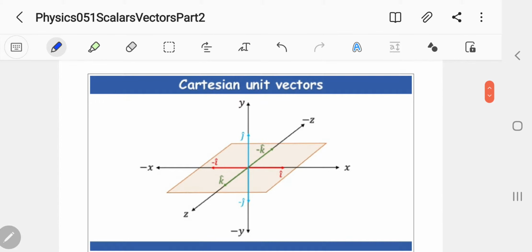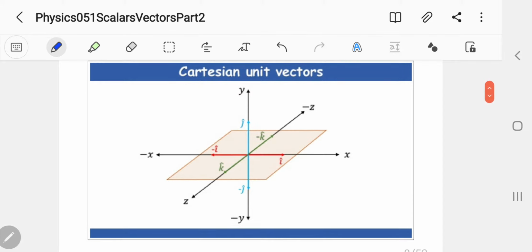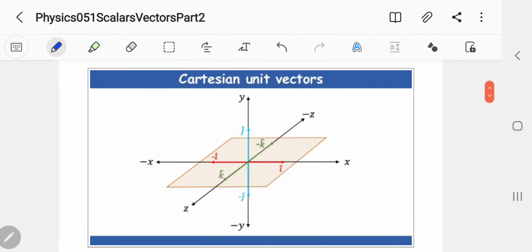In the Cartesian coordinate system, you have x, y, z axis. For the positive x, you have i here, and this is the unit vector, and then going to the negative x-axis is negative i.